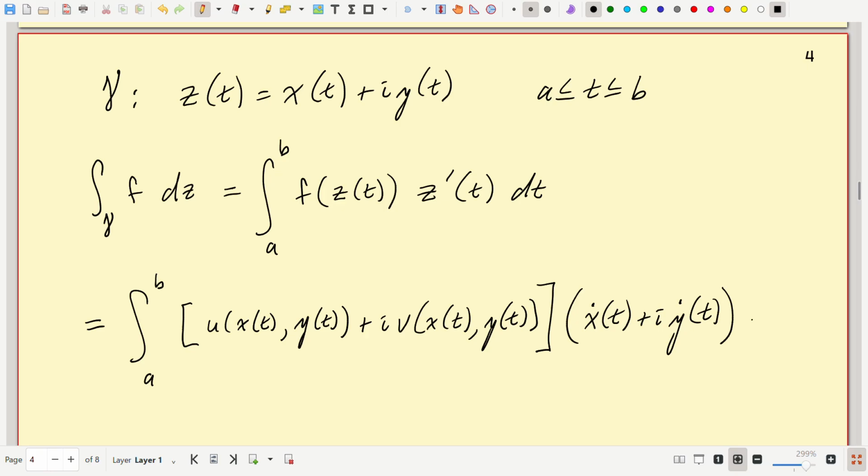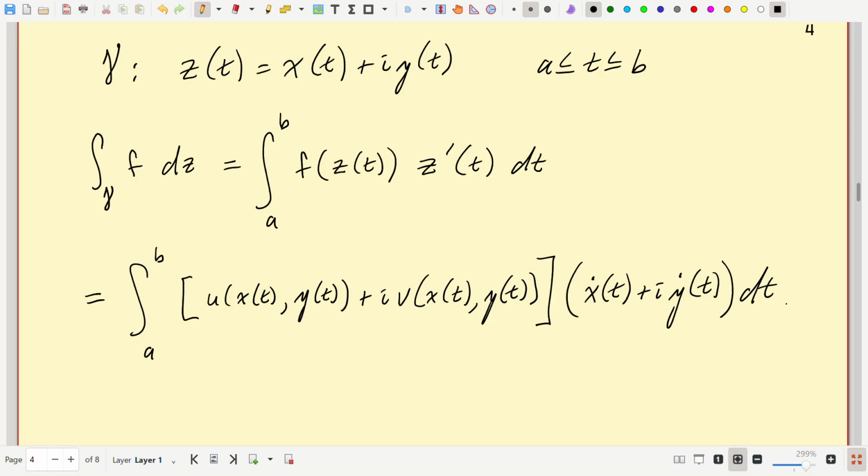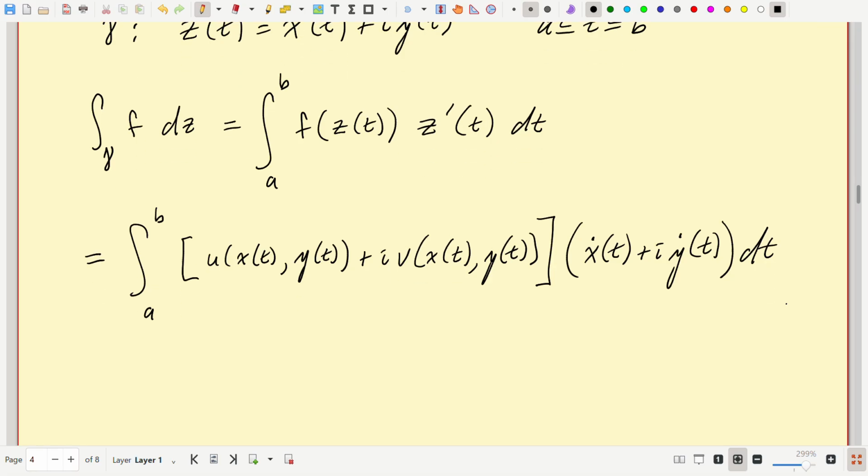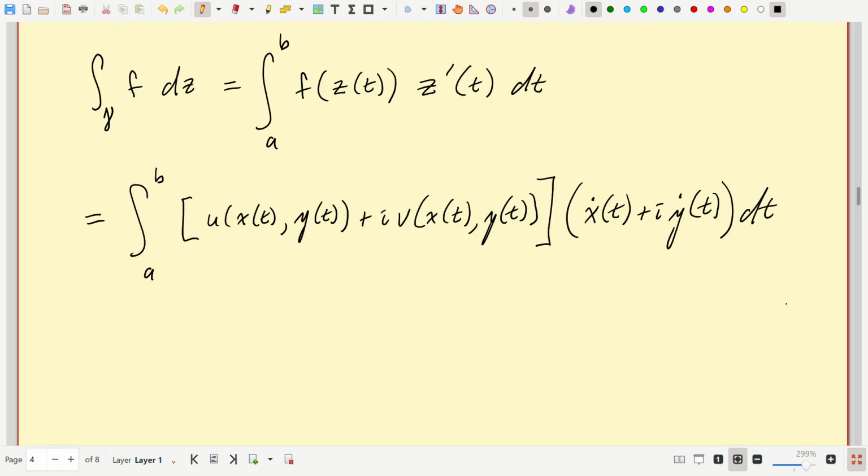And remember, this kind of integral means split that junk into real and imaginary parts and do the real and imaginary integrals. And so that's what I'm going to do now.